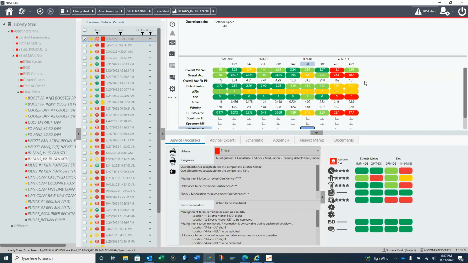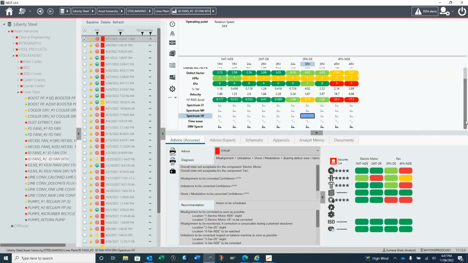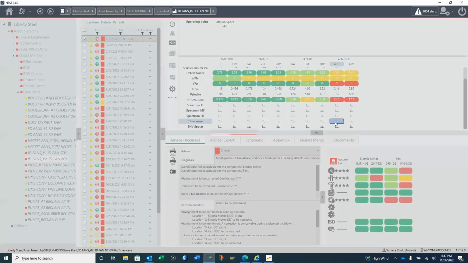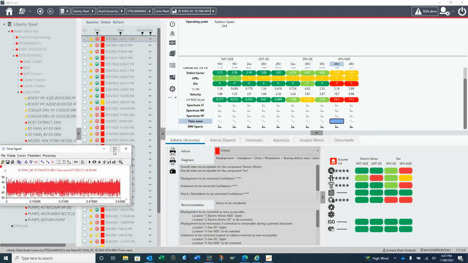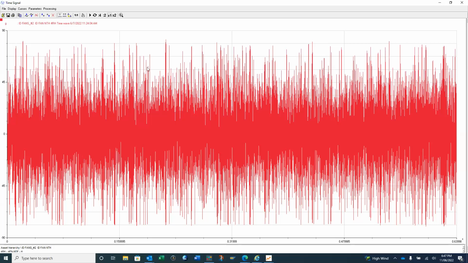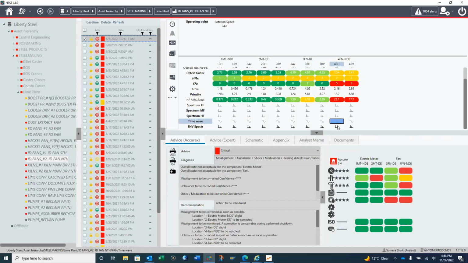So, sir, why is this increasing to 162 Gs peak to peak? If we see the increasing waveform, 122 to 162. This is the time waveform. How does the time change?